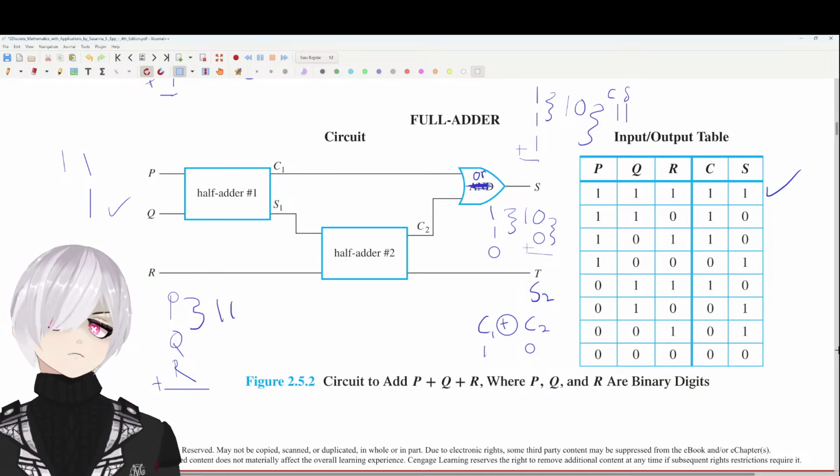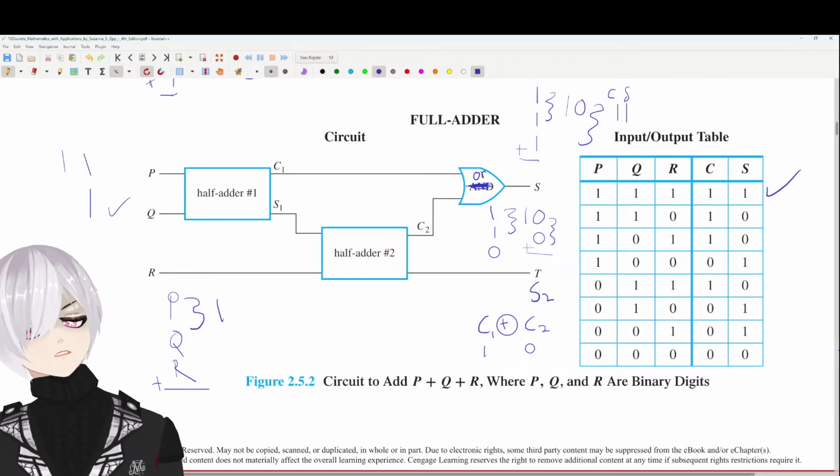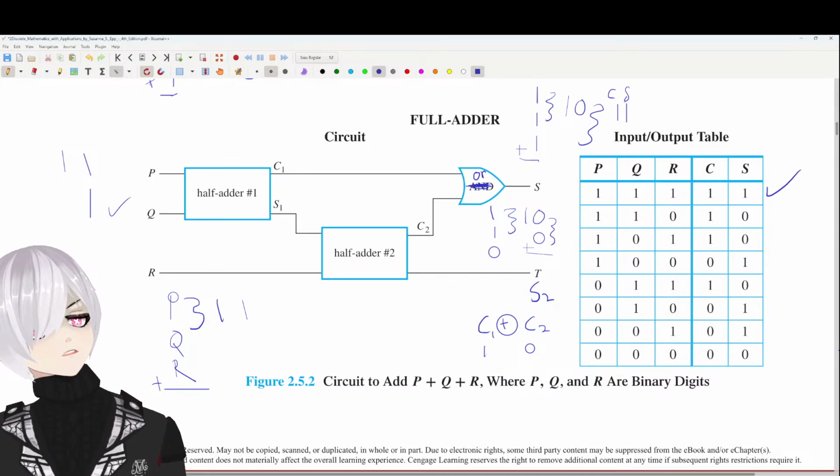Okay. So, and then what we determined is C2, right? So you can never have this situation, which means you can never have the situation where R is 1, which would produce a C2 that is 1 and a C1 that is 1.